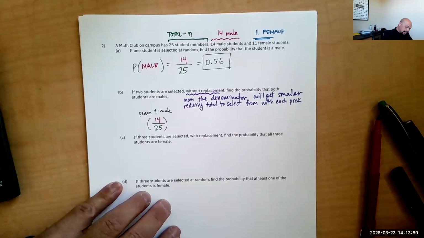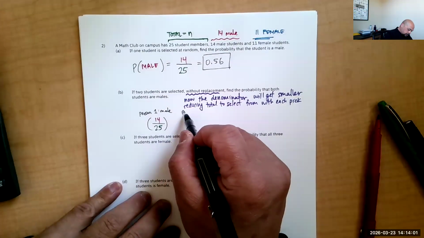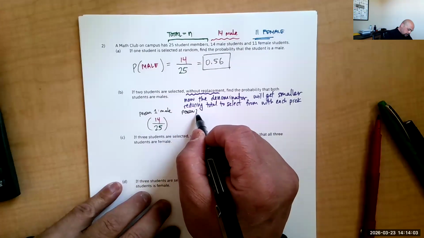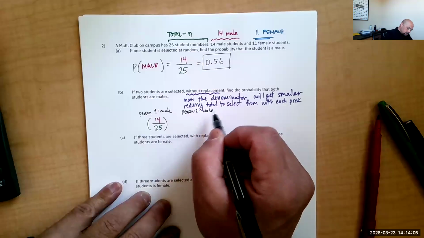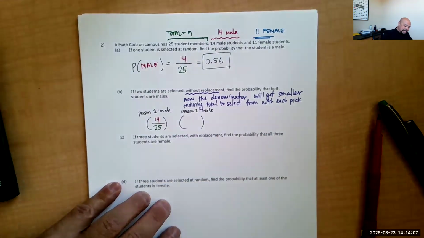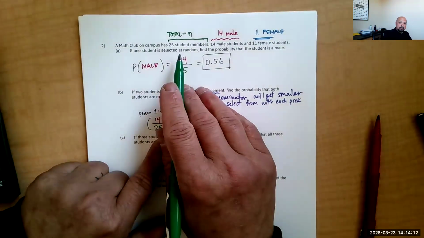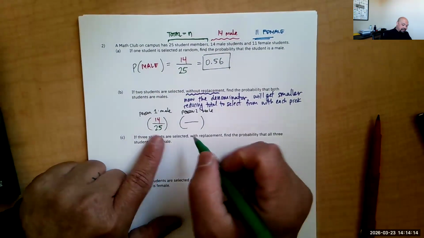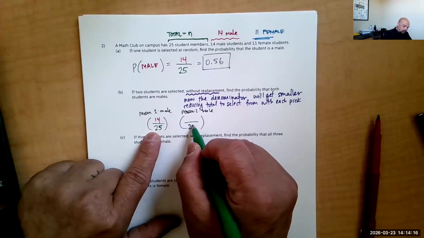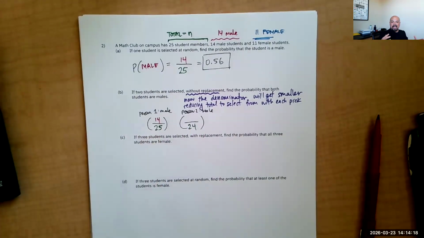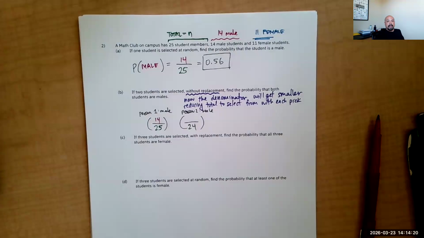But now, our second person, male as well. So now, in my second selection, because we're making a selection from a smaller group, instead of having 25 people to pick from, now there's only 24 students. Imagine, in this club or in your class, we're making a selection from that group of 25.